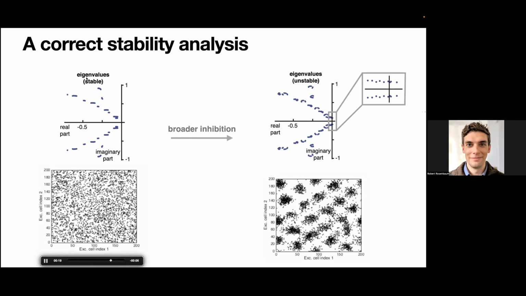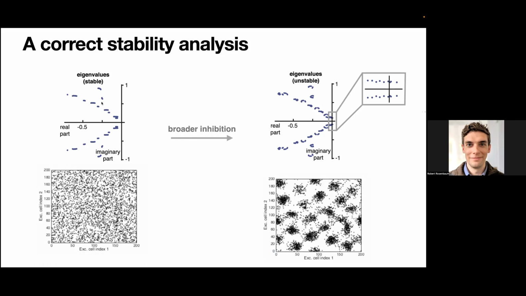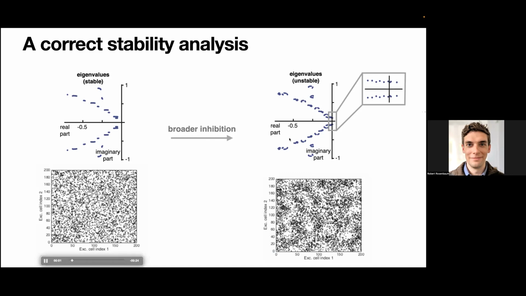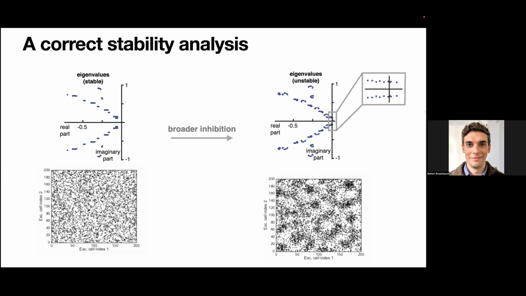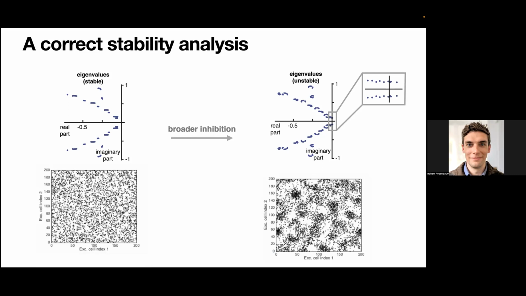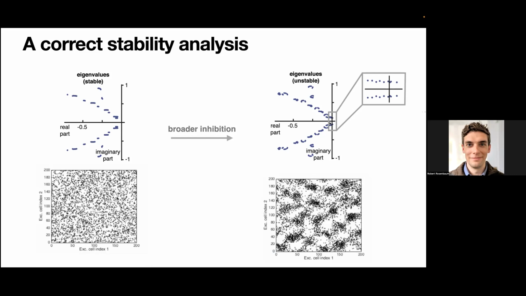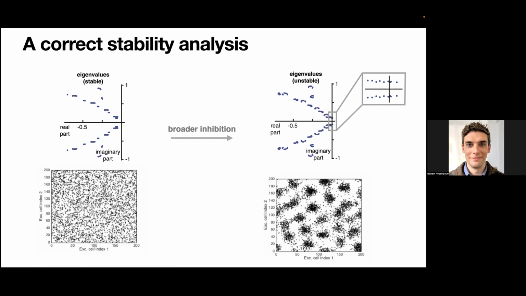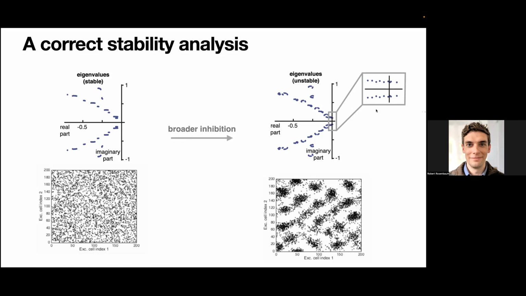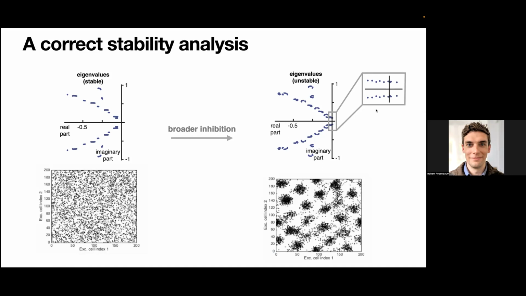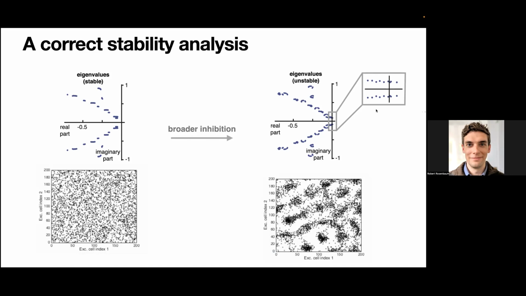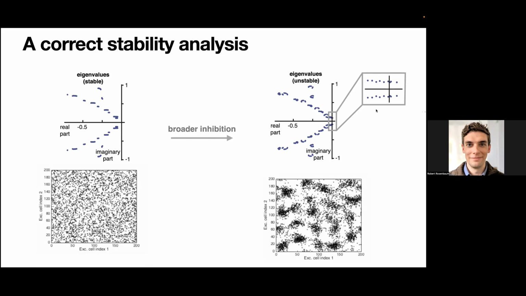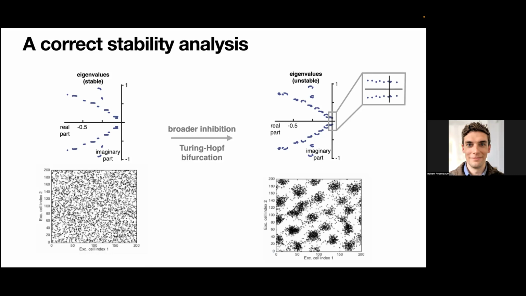Then as we broaden inhibition, we start to see these eigenvalues cross the imaginary axis here, and we get some eigenvalues with positive real part. Importantly, these eigenvalues with positive real part do not have zero imaginary parts. They have non-zero imaginary part. We get a conjugate pair of eigenvalues. And this is what's called a Turing-Hopf bifurcation.